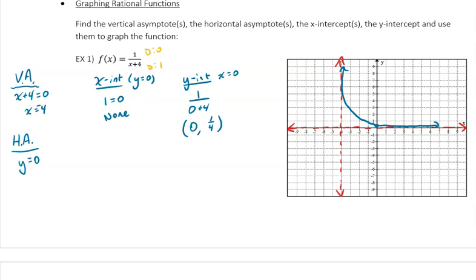So if we plug in -5, so this is going to be our extra point. If we plug in -5, we're going to get 1 over -1, or just -1. So (-5, -1) is going to be another point, and all that lets us know is which side it's going to be hugging the asymptote from.